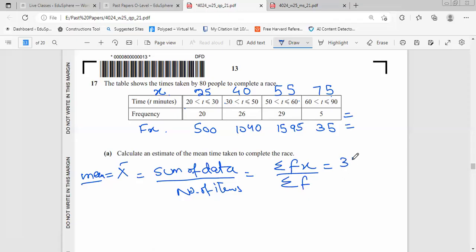And then I'm going to add all the frequencies: 20 plus 26 plus 29 plus 5. So I get 80. And now I'm going to divide 3170 by 80. I get 39.625.